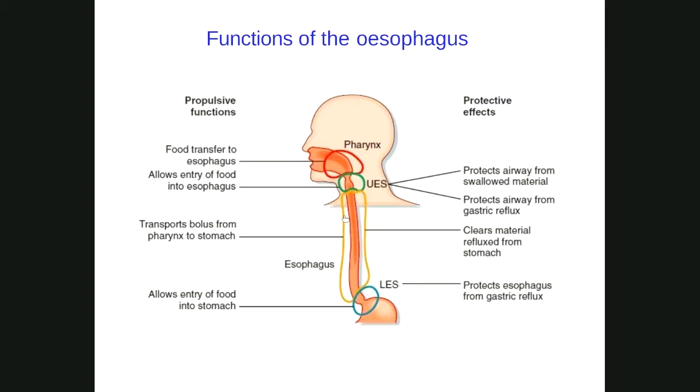We are going to describe later on this reflex, the vomiting reflex. So the lower esophageal sphincter is very important to protect the esophagus from the high acidic content present in the stomach. Okay, so both sphincters are protective, the upper and the lower. The lower protects mainly the esophagus, while the upper mainly protects the respiratory system.